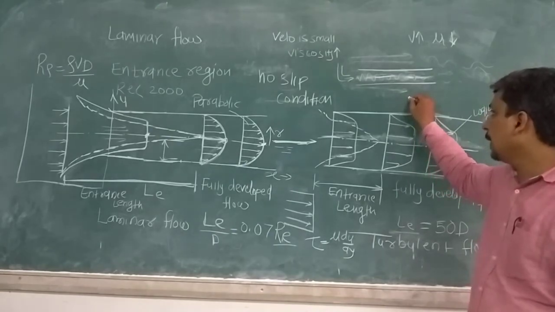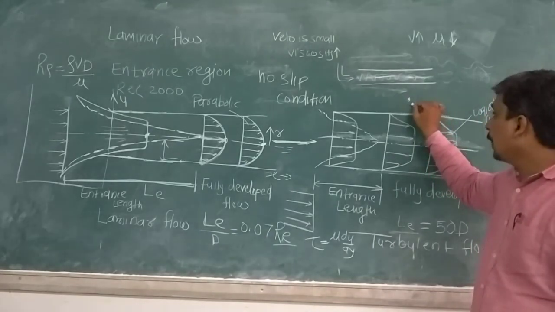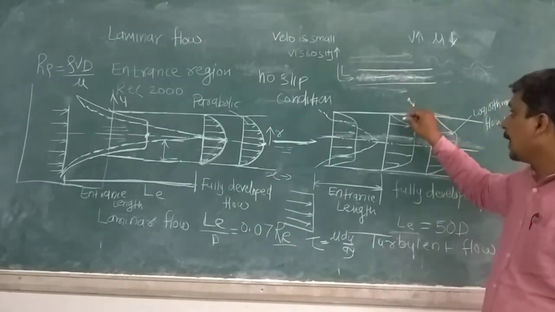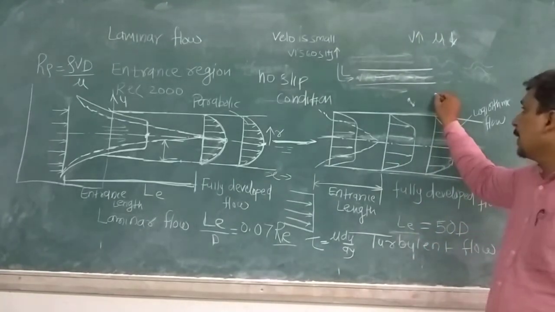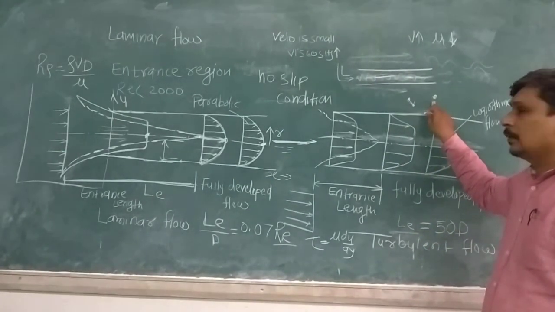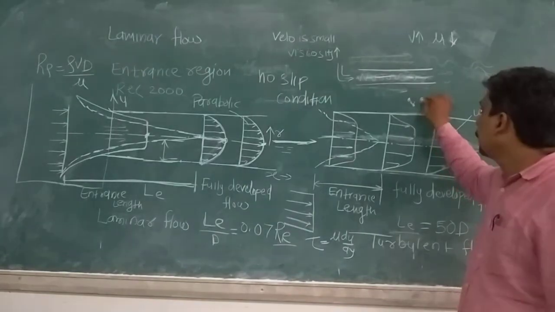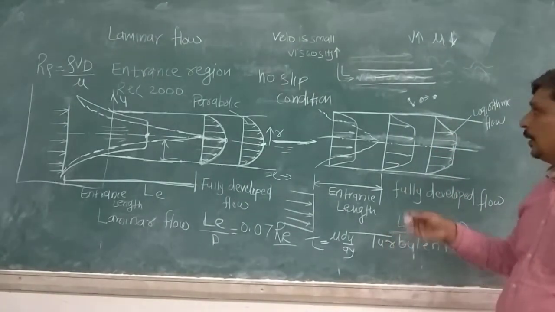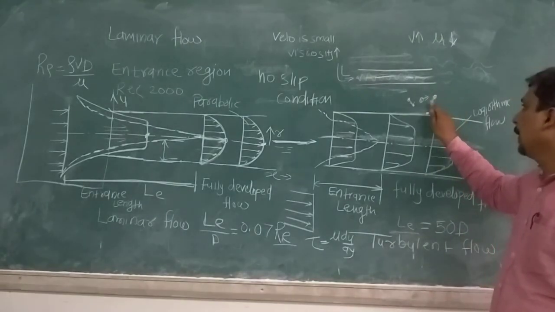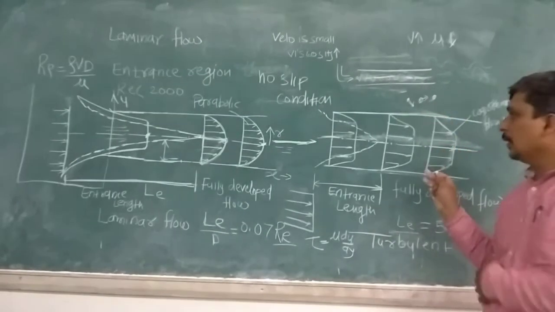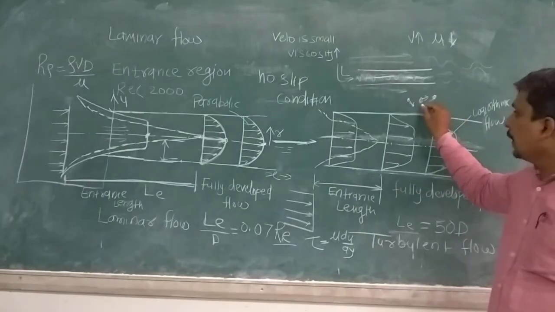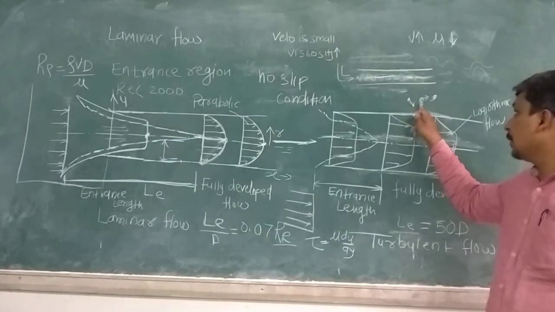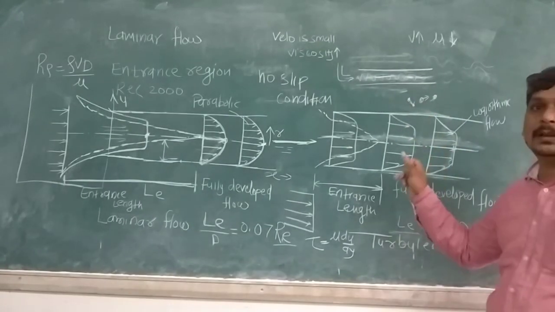Momentum means one particle resists another particle or transfers to it. If a stationary particle is there and one is moving with some velocity, mass times velocity is momentum. It will transfer its momentum to the other particle, and if the particle is stationary, it will oppose the motion of the other particle.